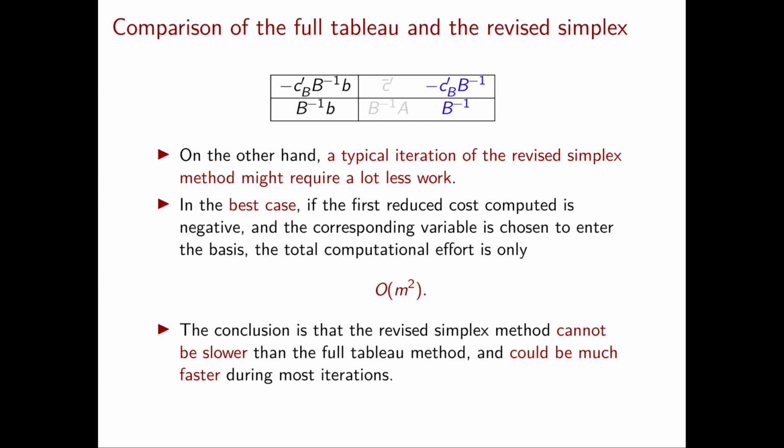So while in the worst case, both the full tableau implementation and the revised simplex method require big O of mn, in the best case, the revised simplex method requires fewer operations, namely big O of m squared, while the full tableau implementation is stuck with big O of mn. This means that the revised simplex method cannot be slower than the full tableau method, but it could be much faster during many iterations.